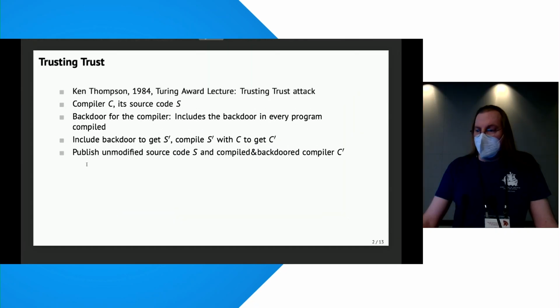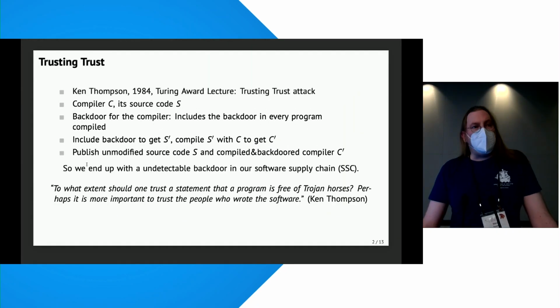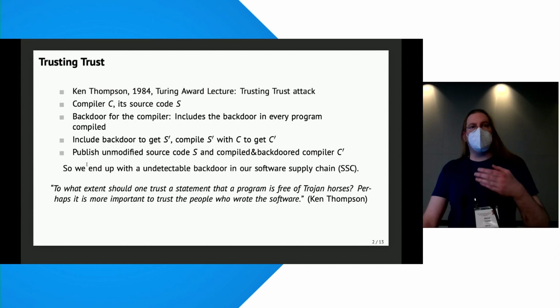And in the end, you end up with an undetectable backdoor because you can look at the unmodified source code and you can compile it again. And you will still get the backdoored compiler binary. And every binary gets backdoored if you compile it. But every source code will be clean. So you won't know that everything you compile will be backdoored.